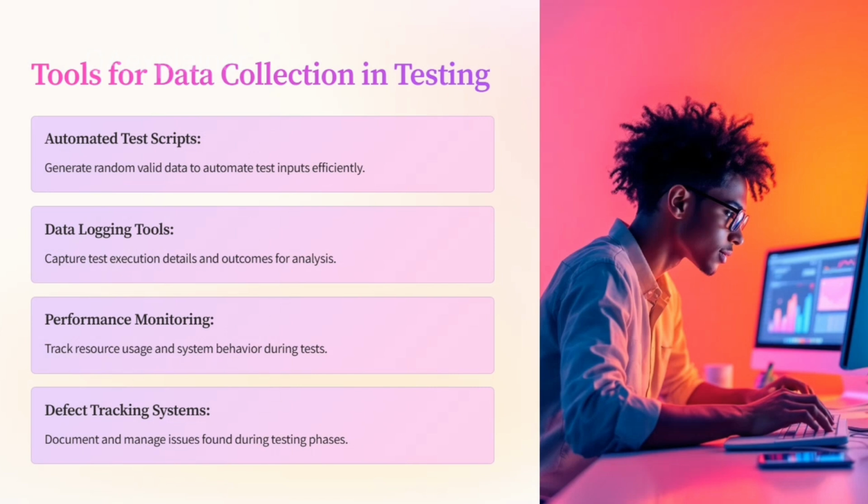And there is a performance monitoring tool, through which we can check the system behavior while executing performance testing. Another is a defect tracking system. By documenting and managing issues, we can generate data based upon the defects found during the testing phase.